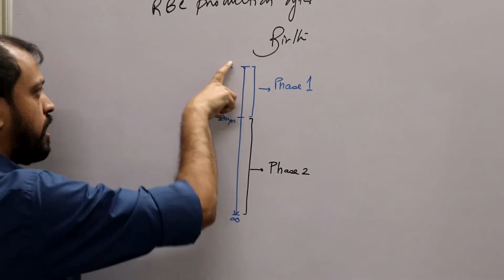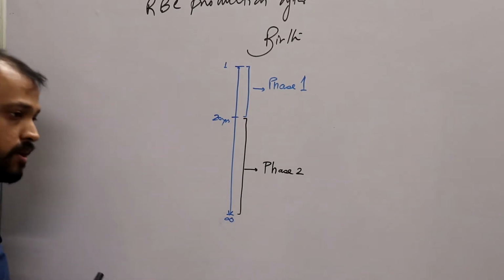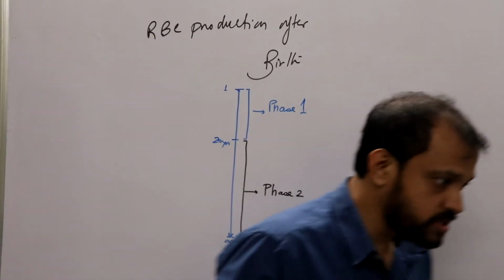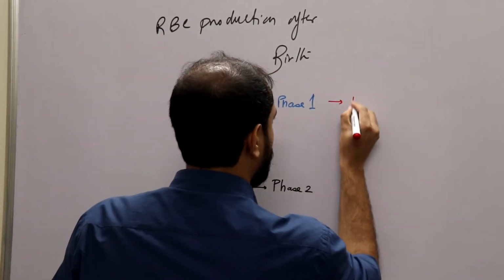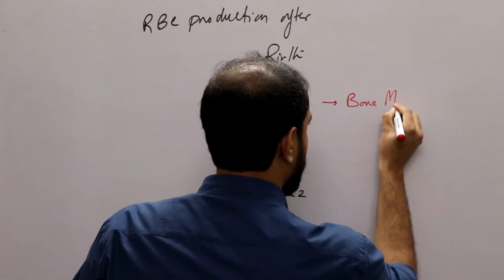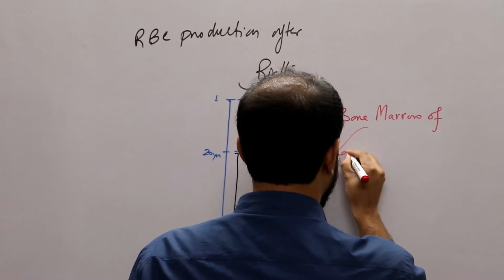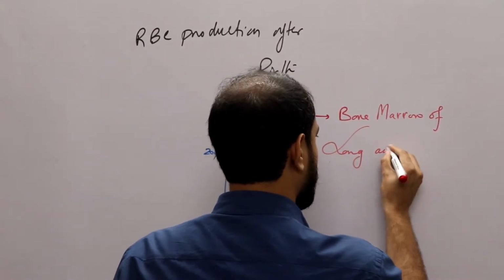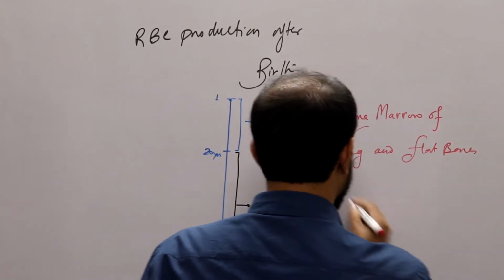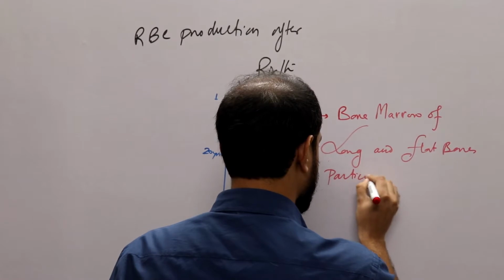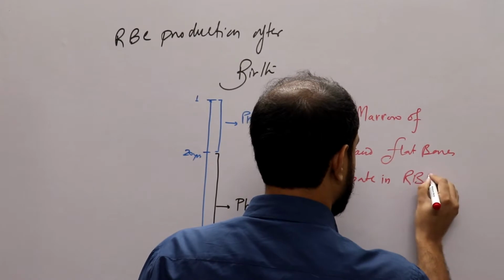Now from 1 to 20 years is phase 1, and in phase 1 the bone marrow of long and flat bones participates in erythropoiesis, that is, RBC production.